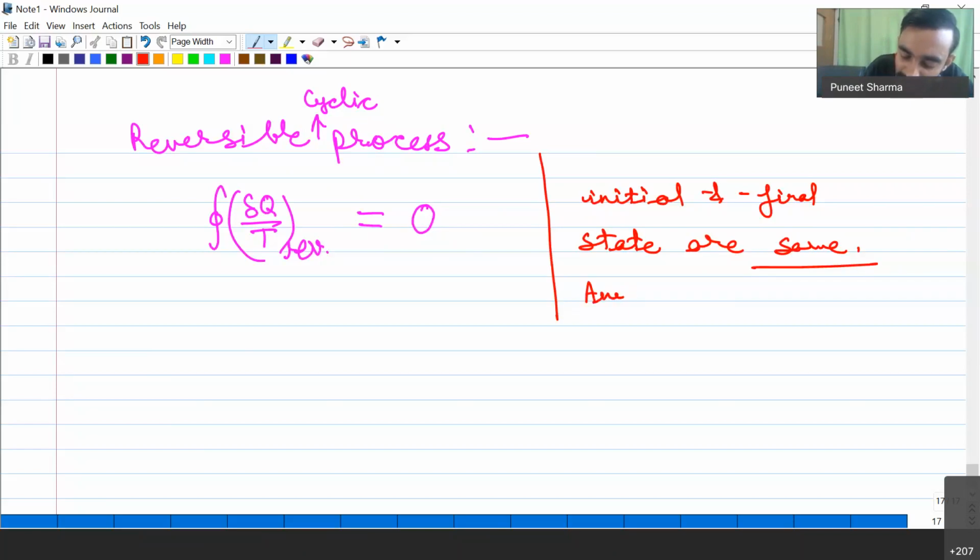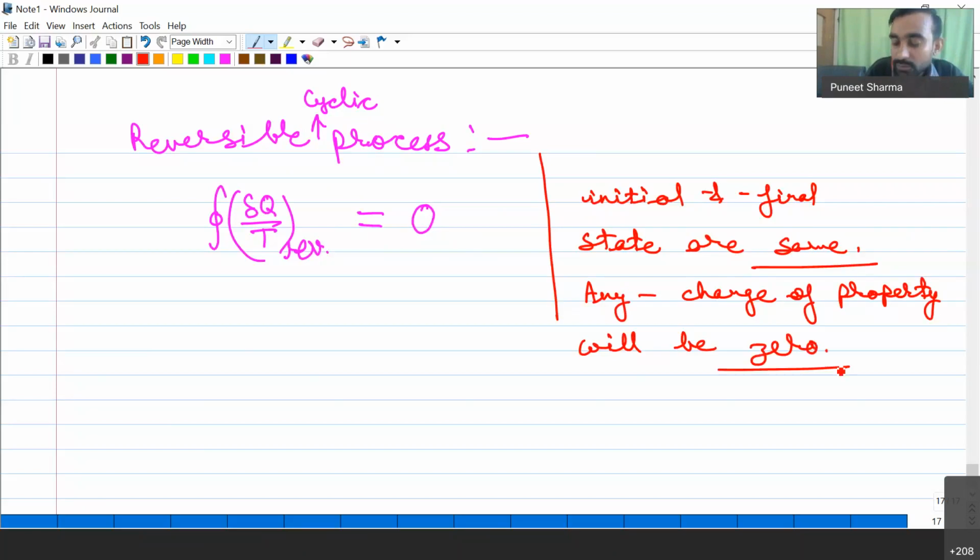Any change of property will be nothing but equal to 0. Obviously, if the initial and final states are the same, the change of property will be equal to 0.